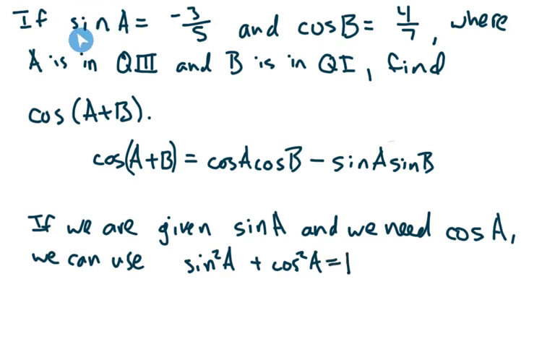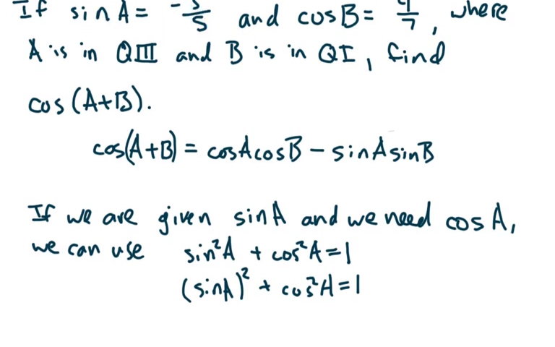So I know what sine of a is, so it should be easy to find sine of a squared. Remember that sine squared a means sine a parentheses squared, right? This can be helpful when substituting in here. What is sine of a? Well, according to this, it's negative 3/5.